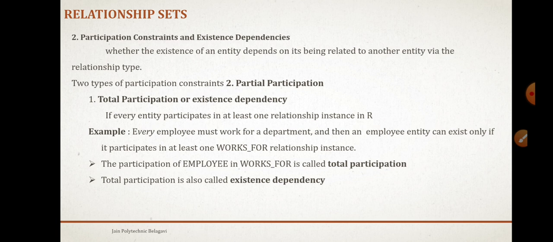Every entity participates in at least one relationship instance in R. Let's take an example. Every employee must work for a department, and an employee entity can exist only if it participates in at least one WORKS_FOR relationship instance. The participation of employee in WORKS_FOR is called total participation. Total participation is also called existence dependency.